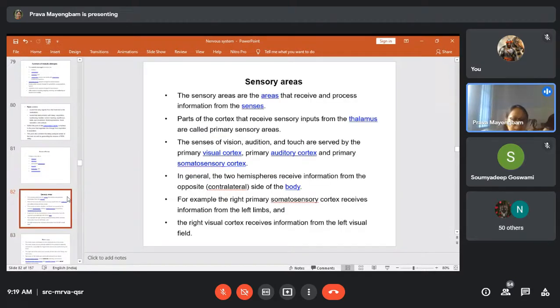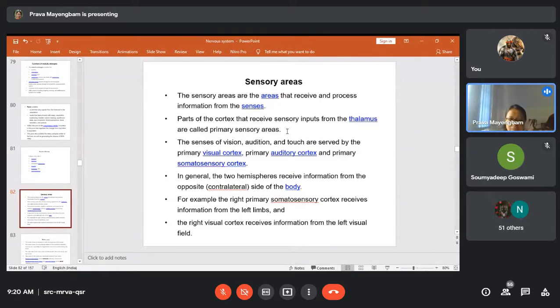Again, the cerebral cortex is divided into two areas. One is the sensory area and another is the motor area. The sensory areas are the areas that receive and process information from the senses. The parts of the cortex that receive sensory inputs from the thalamus are called primary sensory areas.